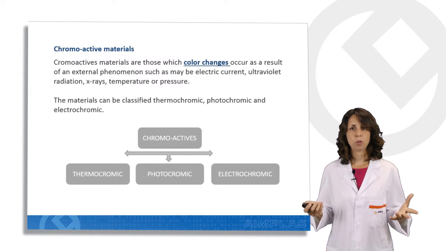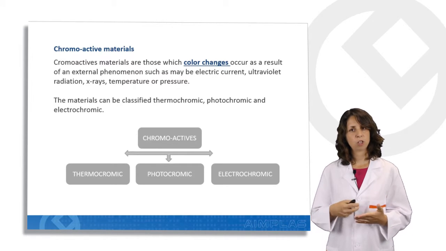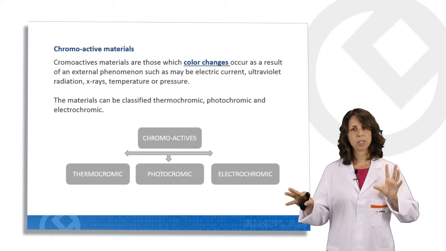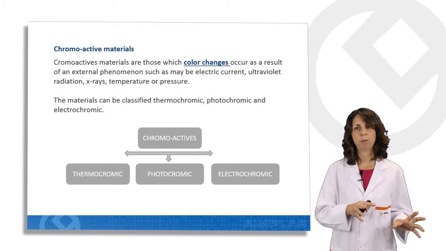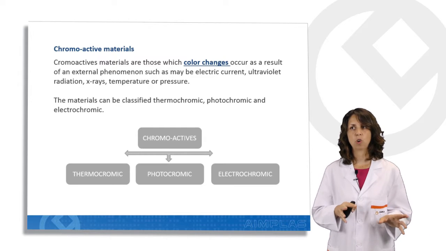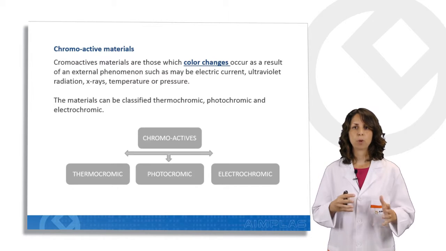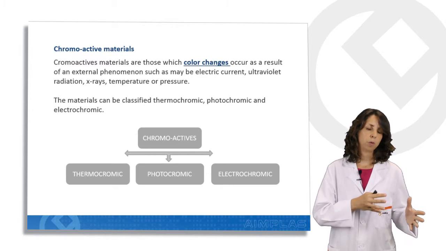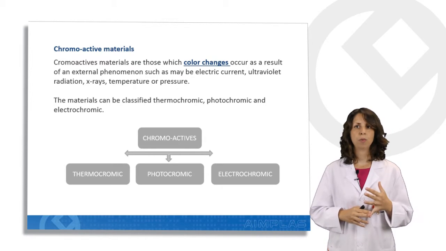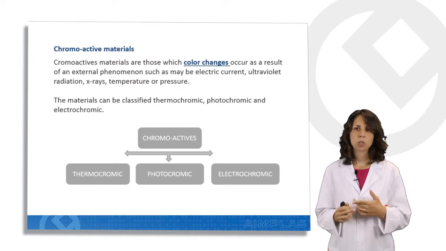The question is that we can use functional inks, and we can classify them mainly in chromative materials. Chromative materials are materials that change color as a result of an external phenomenon. This phenomenon can be electric current, ultraviolet, temperature, pressure, or so on.